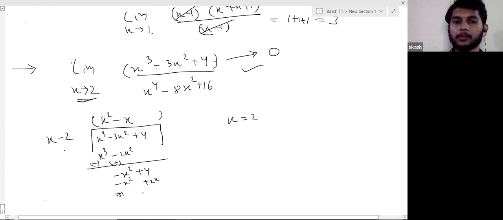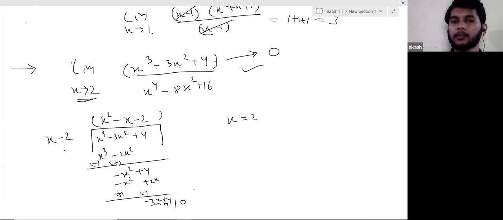This is plus, this is minus. So we get minus 2x plus 4. Now we have to multiply with minus 2 to get minus 2x plus 4. So this is 0. So what factor did we get here? We can write this numerator as (x minus 2) into (x square minus x minus 2).